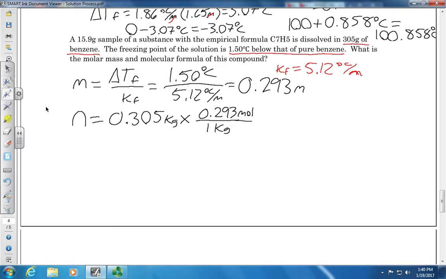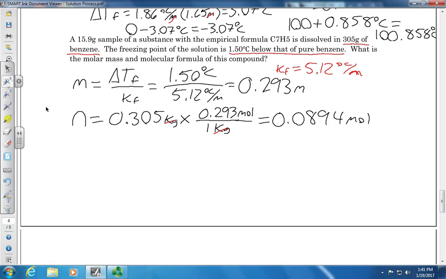You'll note that kilograms cancel each other out, and you're left with moles, which would be 0.0894 moles. So now we have the number of moles.